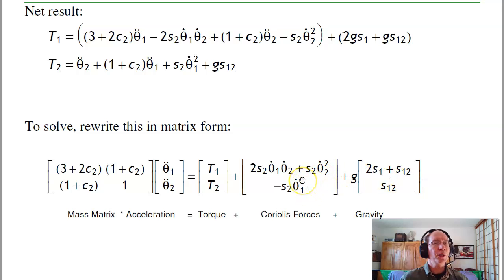Now, the Coriolis forces correspond to, like an ice skater, when the ice skater goes into a spin and brings her arms in, energy has to stay constant. If my rotational inertia drops, then the speed has to increase so that the rotational energy remains constant. That's the Coriolis force. As you change your inertia, I get acceleration terms. That's what these are. I've got the mass matrix.